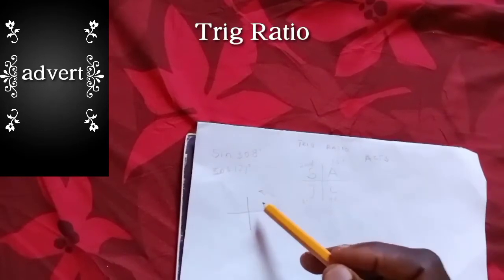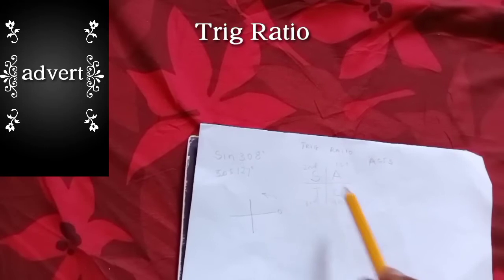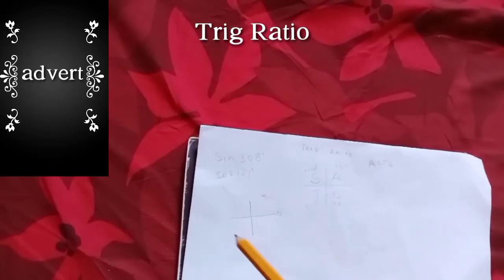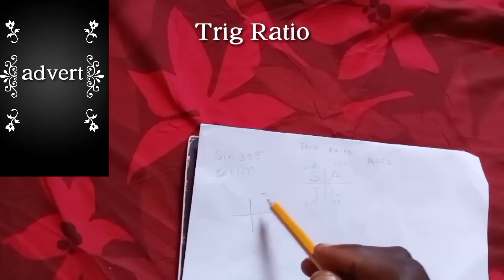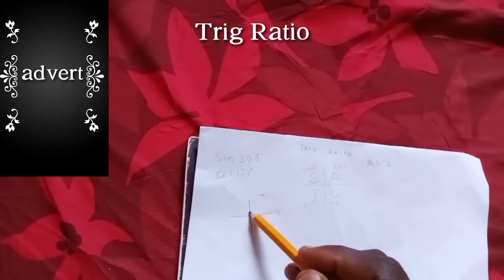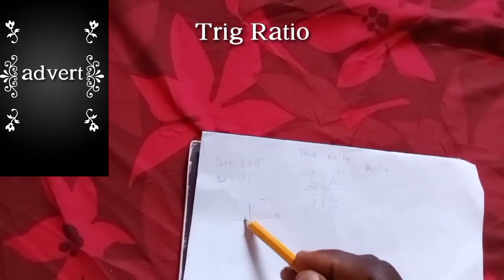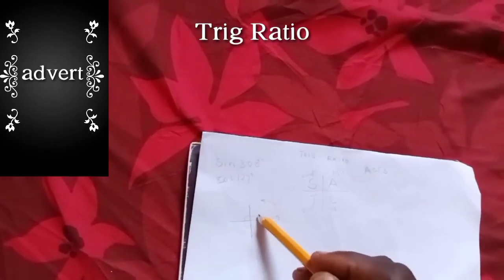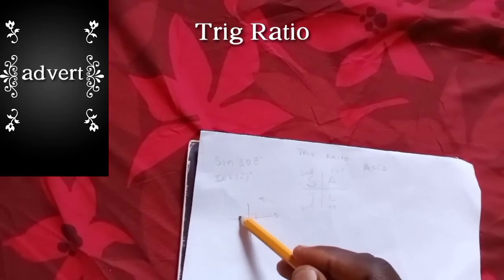What I mean by anti-clockwise: in your clock, your second hand goes this way, round like this. But this time around, we are going like this, so we are going anti-clockwise. So from here, just like your normal mathematics, this is angle 90, another angle 90, another angle 90. So this first is 90, 90 plus 90, 180.